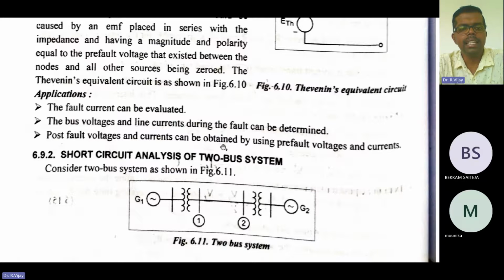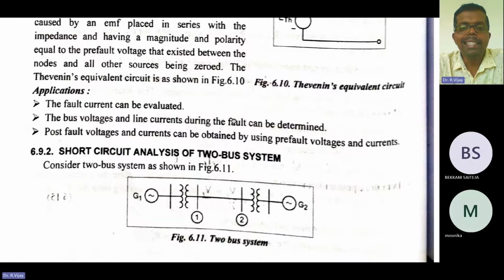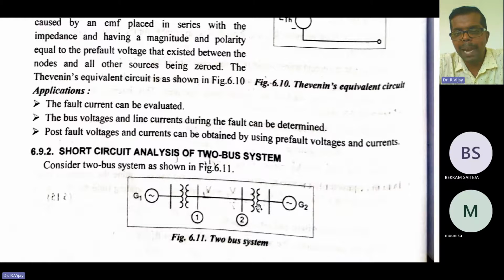Next thing is the short circuit analysis of the two bus system. Here we are analyzing a short circuit for a two bus system, because in a practical power system there will not be only two buses; there will be many buses. Say, for example, in a particular substation there might be a three bus system or four bus system.